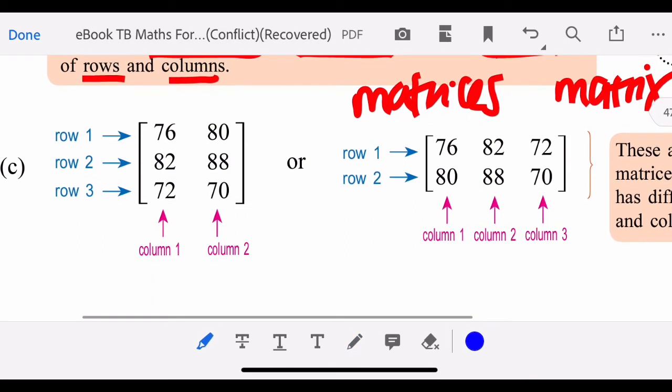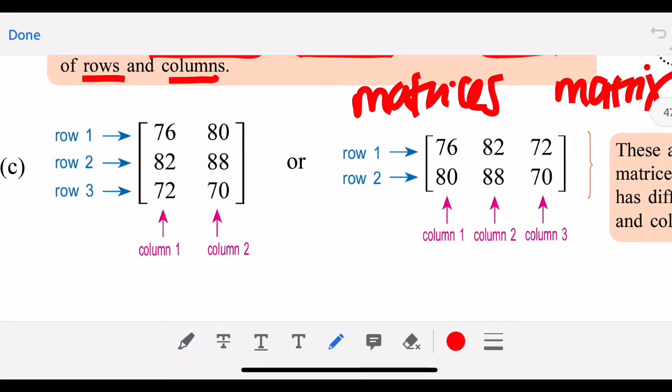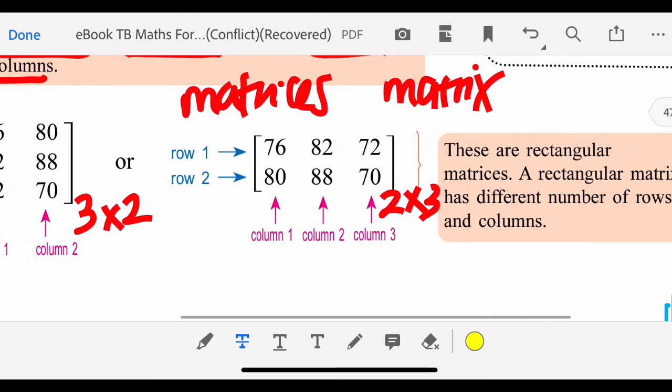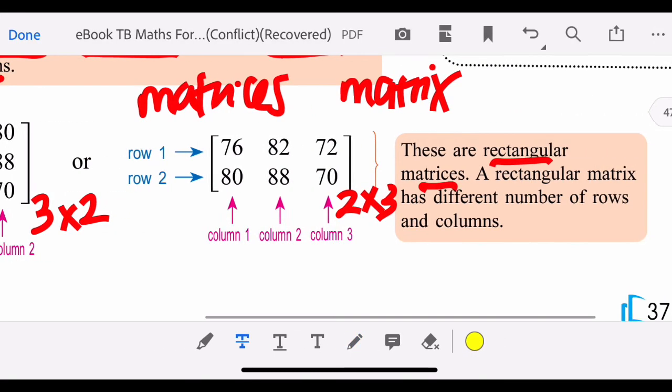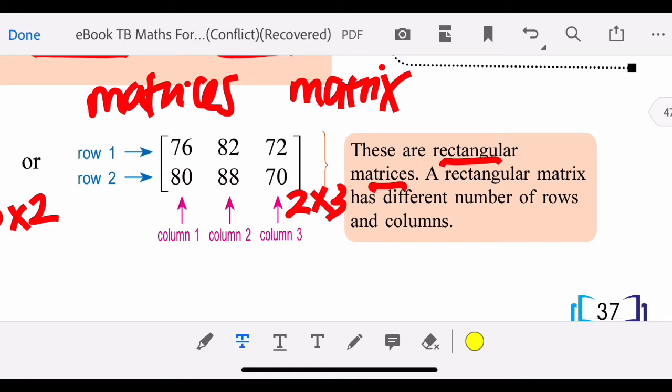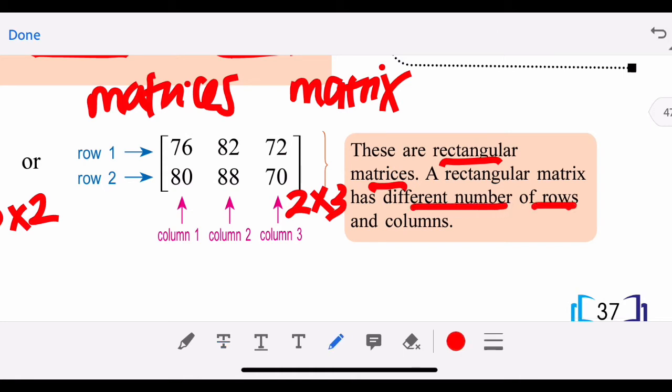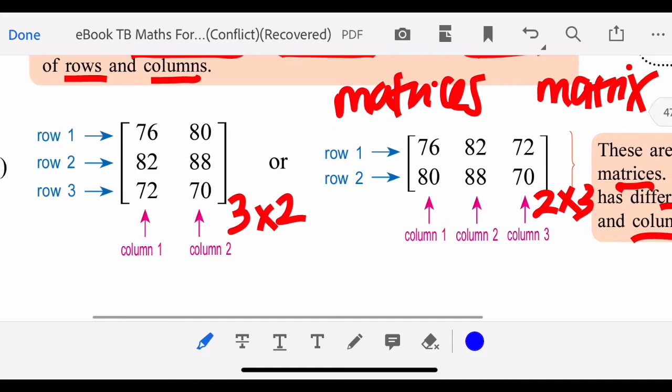So for C, we can write in this way. We have 3 rows and 2 columns, or you can write as 2 rows, 3 columns. So these are rectangular matrices. A rectangular matrix has a different number of rows and columns, right?